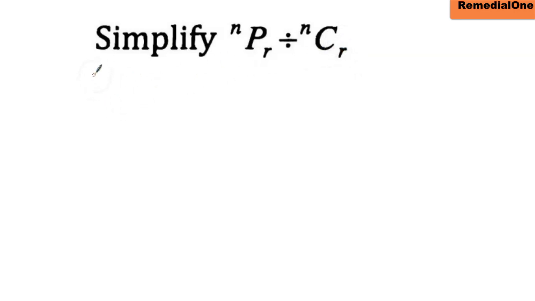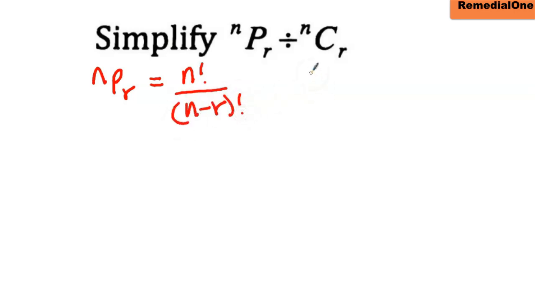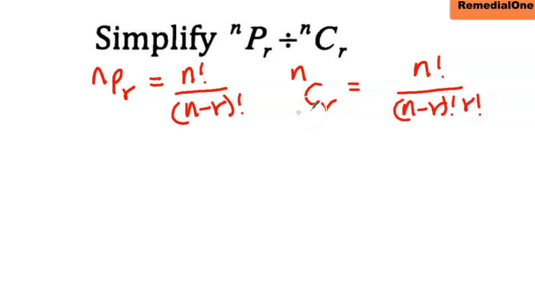So nPr is defined as n factorial over n minus r all factorial. Then nCr is also defined as n factorial over n minus r factorial times r factorial.